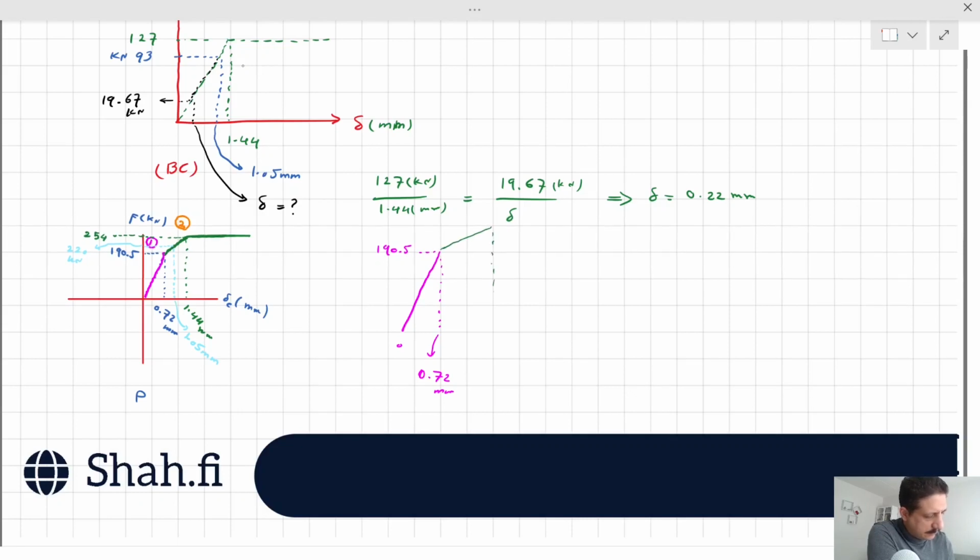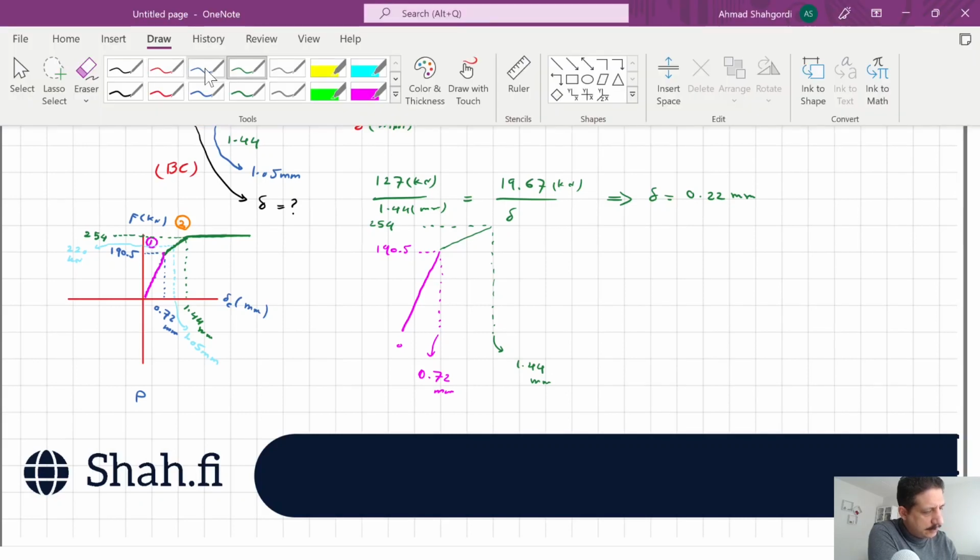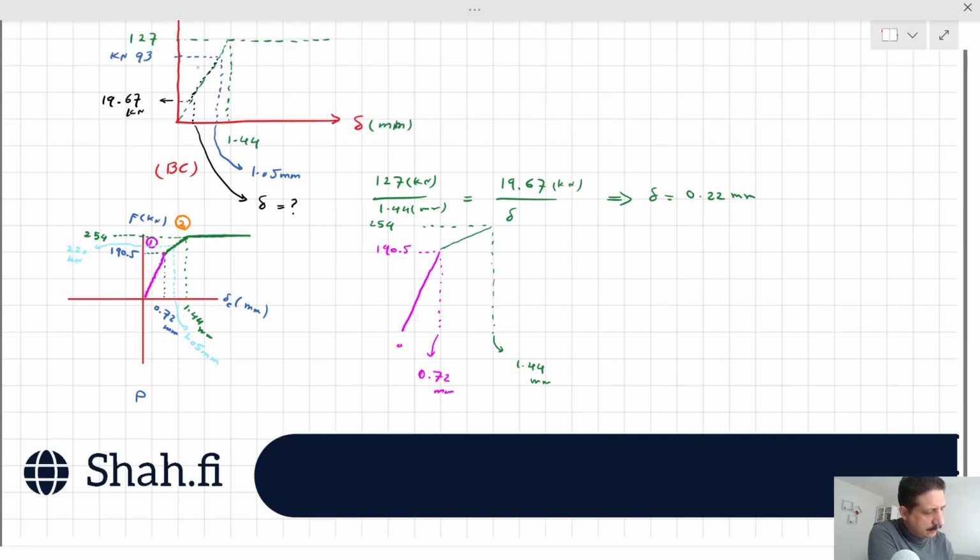So the deformation here is 1.44 millimeter, and the load is 254. And now our situation after loading the system is 220 kilonewton.